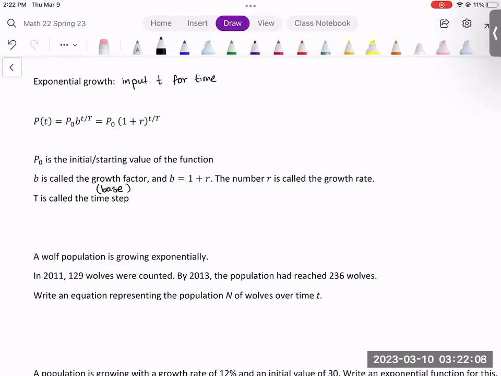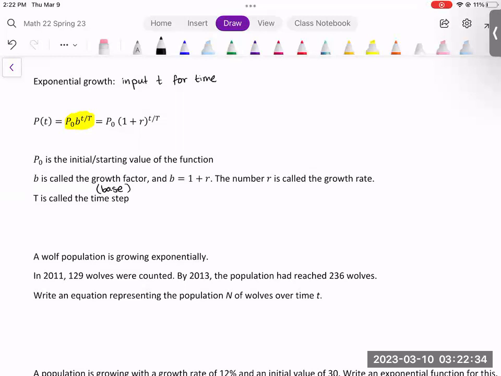And it's very common for it to be expressed in the following format. So our function is going to have this exponential form: P naught times b to the time over T, capital T.